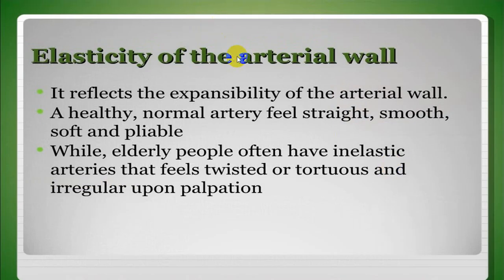So if the elasticity of the artery is preserved, it is collapsible, its vessel wall will not be palpable. What you are feeling is a pulse, but if you try to roll the artery below your finger, you will not be able to palpate it.